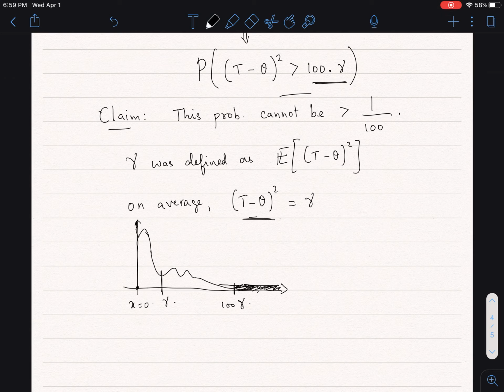The main claim that we will show is that this probability cannot be more than 1 over 100, and the 100 comes for the same reason as the 100 over here. Let me deduce that formally in the next video.